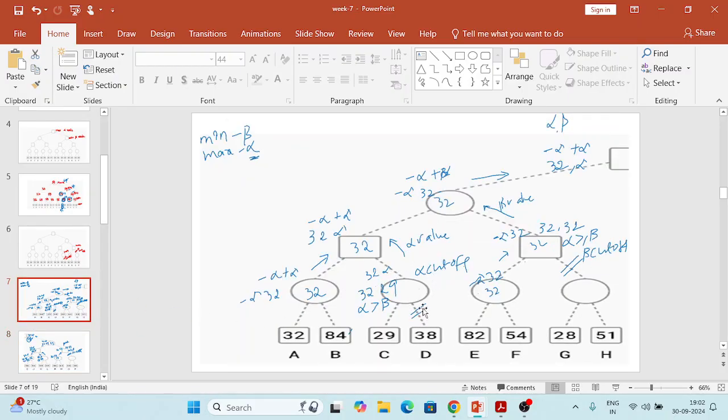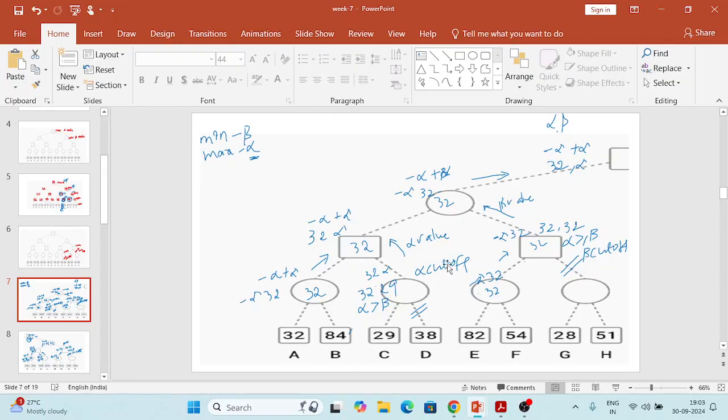Pruned means that whenever we get an alpha cutoff, there is no need to see what the value is at this particular node D. Even though it may be less than 29 or greater than 29, it won't affect the root value. That is the meaning. No need to visit it again and see the value.